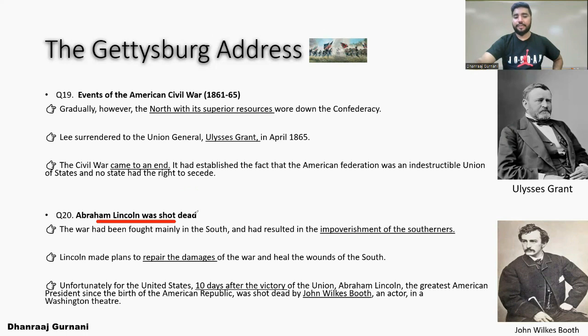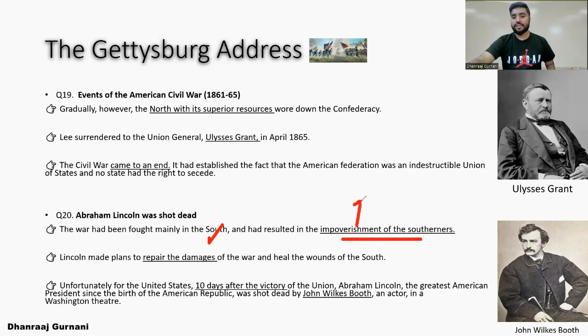Question number 20, Abraham Lincoln was shot dead. This is the last question of your chapter. This also has 3 points. The first one, the war had mainly been fought in the South and had resulted in the impoverishment of the Southerners.